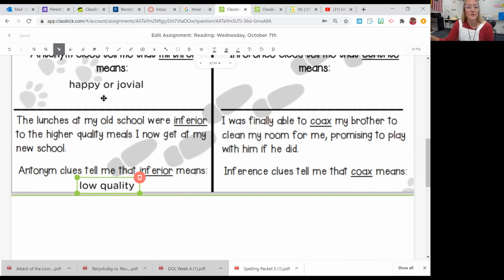Oh, I read that wrong. The lunches at my old school were inferior to the higher quality meals I now get at my new school. So at her new school, she's getting good meals, and at her old school, she got inferior ones, which were low quality.